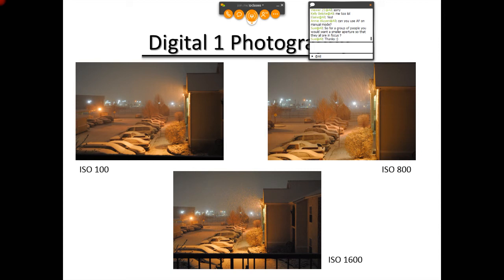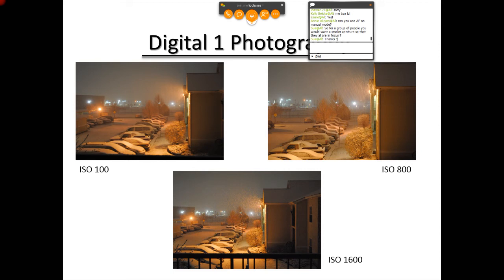So the way you compensate for that is through ISO, or a flash, but we're not talking flash here. So you look at your camera, you say, okay, my aperture is at 3.5, my shutter speed's at 1/60th of a second, my ISO is now sitting at 100.